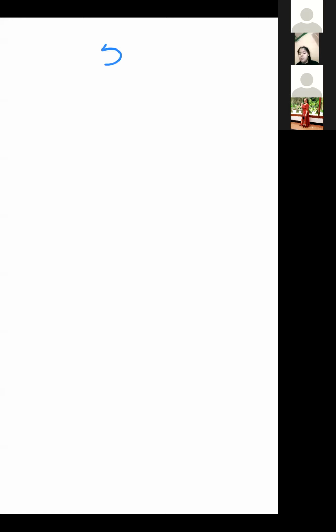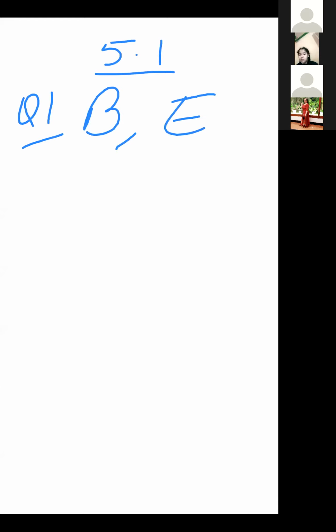Now see this exercise. Your first question is, write the base and exponents of the following. You can do it easily, base and exponents. Okay. First is 6 raised to power 6. So what you have to write? You have to write base.